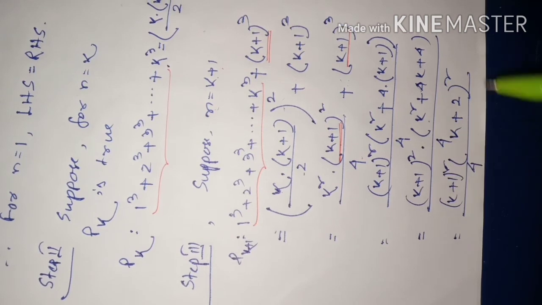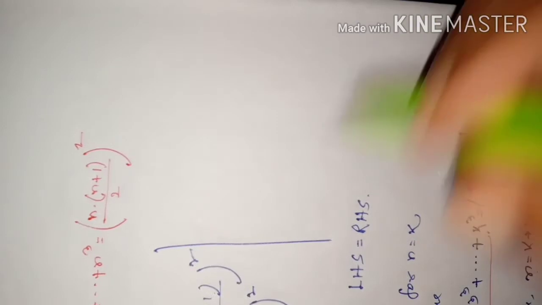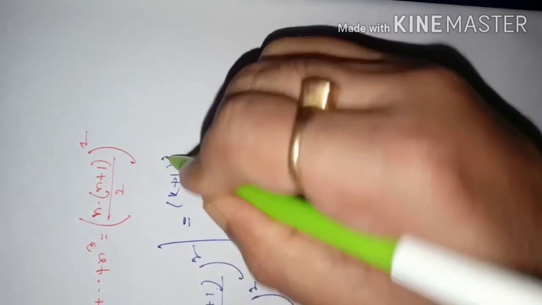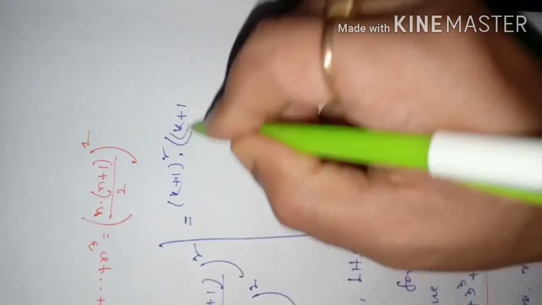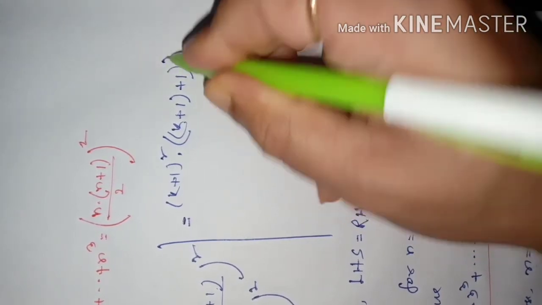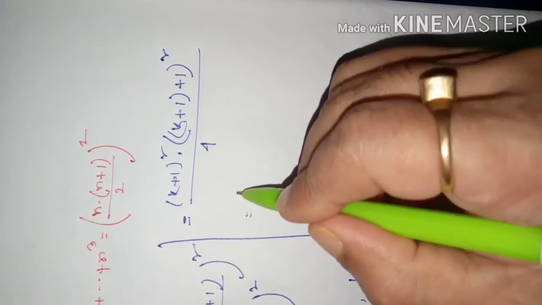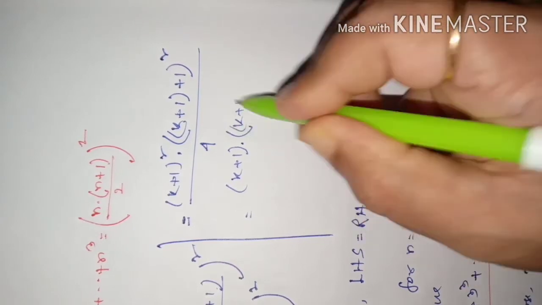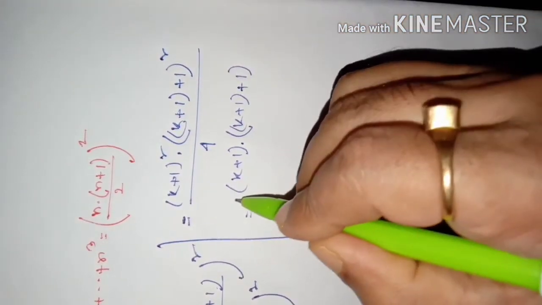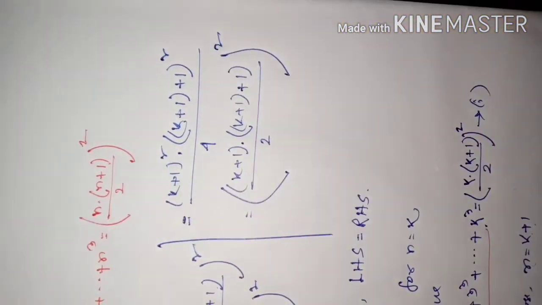Are you understanding? So then our last step can be like this. Just you see, here itself I am writing. So we got now k plus 1 the whole square into k plus 2 whole square divided by 4, which can now be written as k plus 1 into k plus 2, divided by 2, the whole square. The whole thing can be written like this.